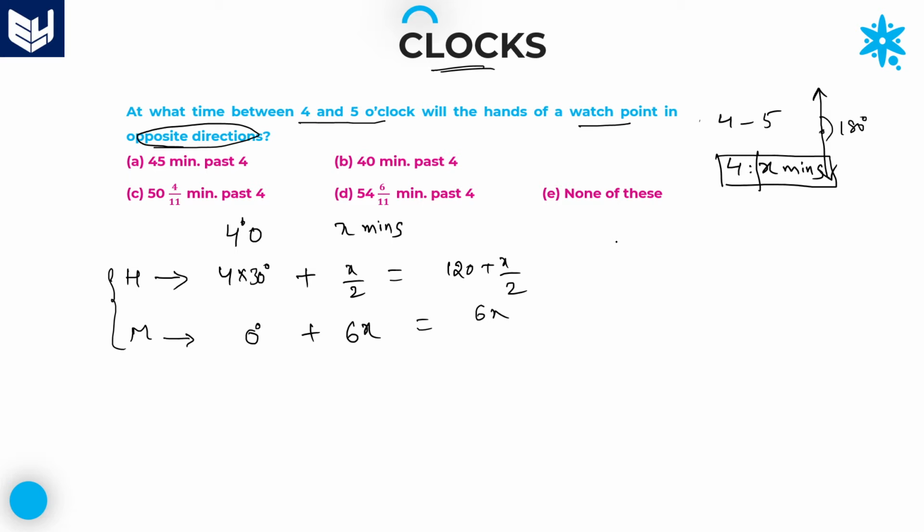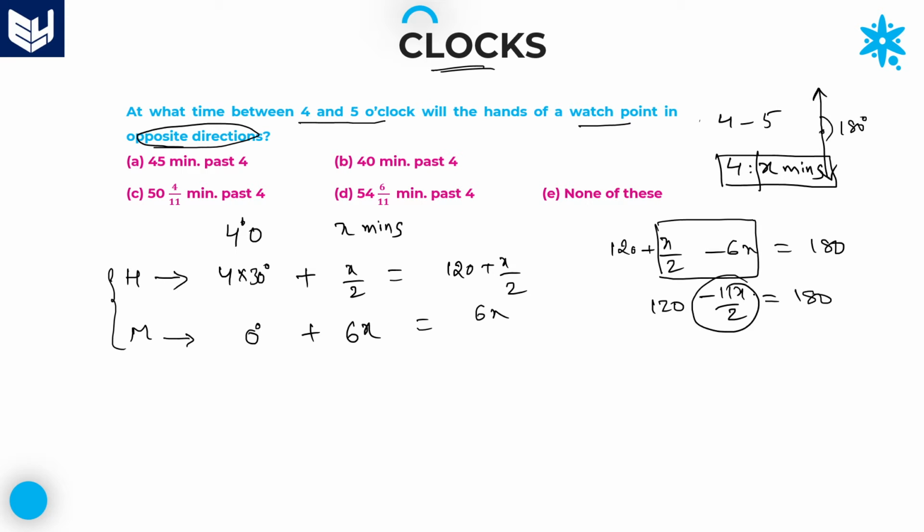Suppose we take 120 plus x by 2 minus 6x is equal to 180. Then this becomes minus 12x plus x, which is minus 11x by 2. So 120 minus 11x by 2 is equal to 180.